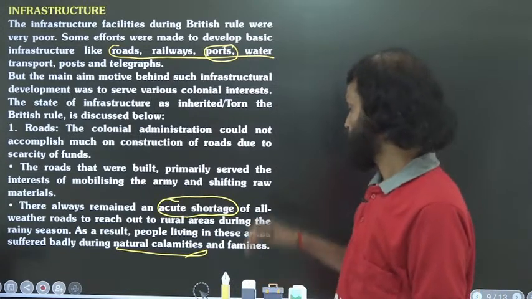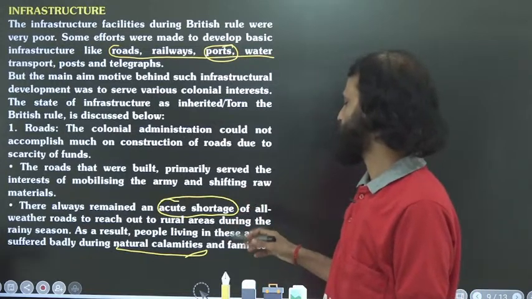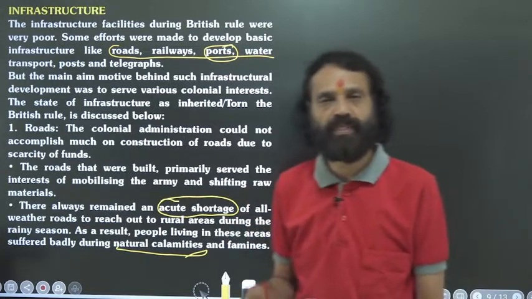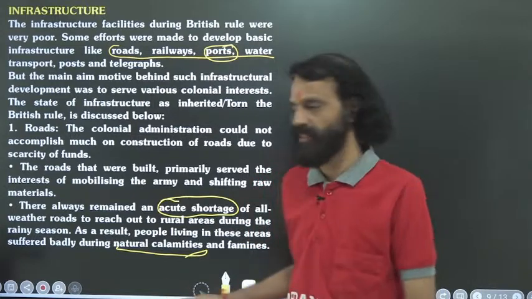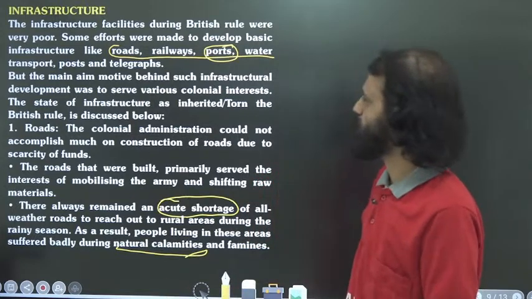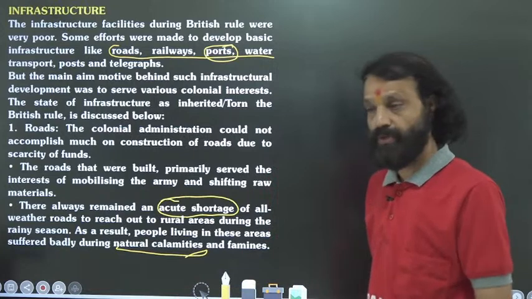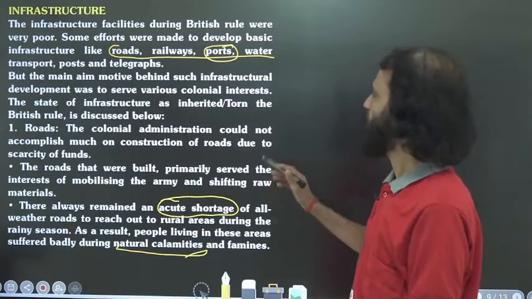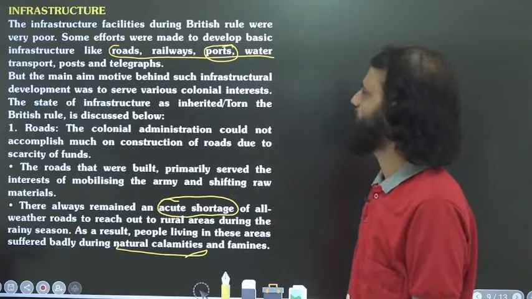Due to the acute shortage of all weather roads, people suffered, especially the village people suffered lots. There were no good schools, no good hospitals, no good roads. So all these points you need to remember.